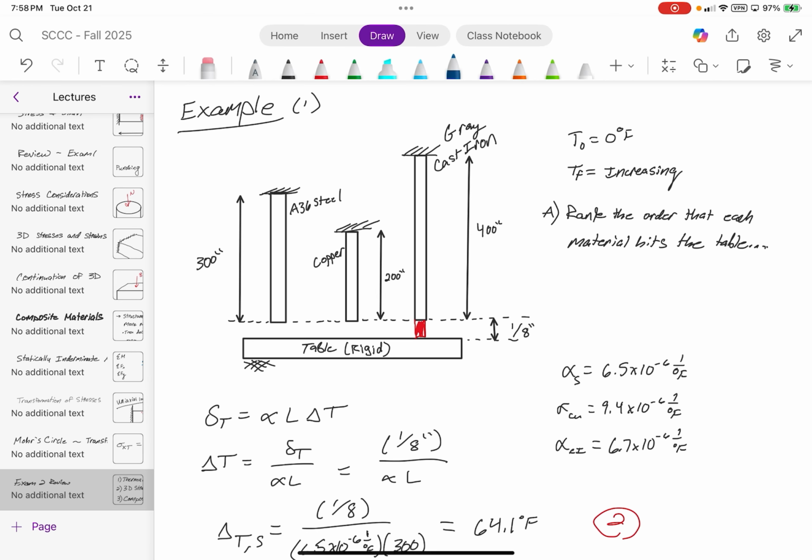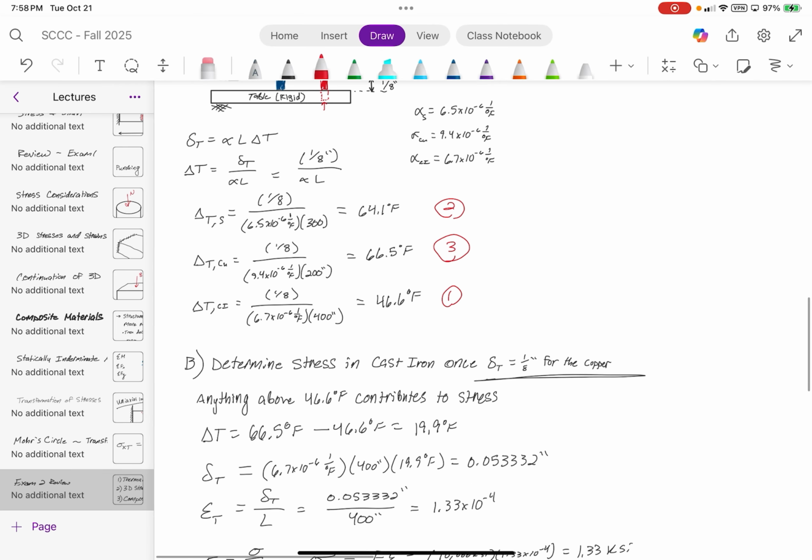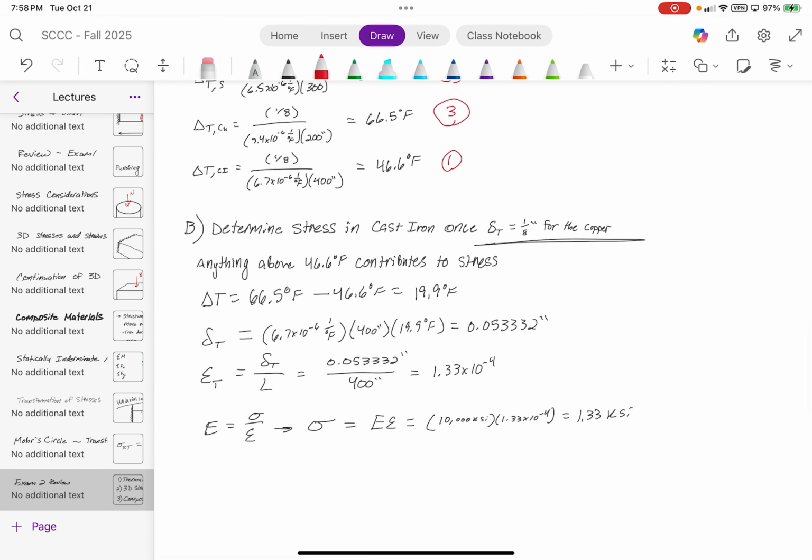And then once the copper closes off, secondly, this gray cast iron is still going to want to deform here, but obviously the table is restraining it. Because of that, there's a reaction force from the table that's pushing it back. Does that make sense? That's really what the problem is asking. It's a little bit of a tricky word problem.